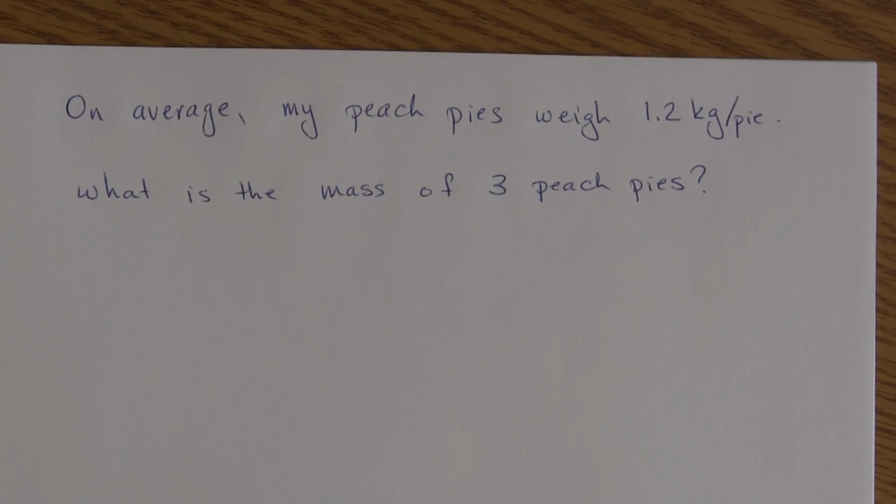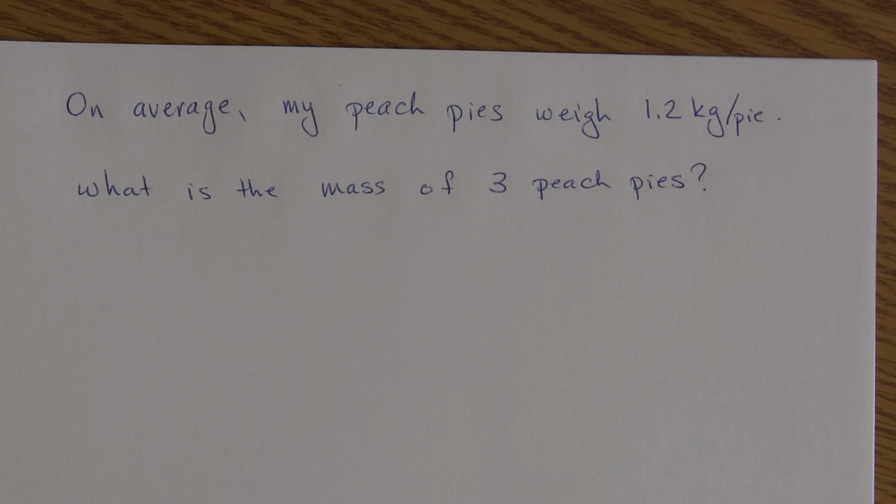Now let's take one last example, and let's ask the question, if on average my peach pies weigh 1.2 kilograms per pie, what's the mass of 3 peach pies? The first question you should be thinking about is, how well do I know 3? Well, I'm going to assume that we can tell that something's a pie or not.